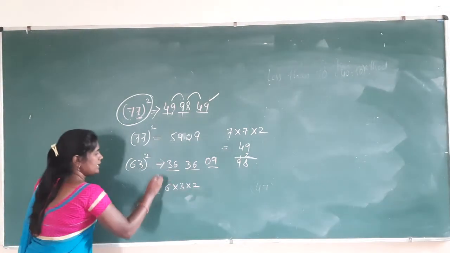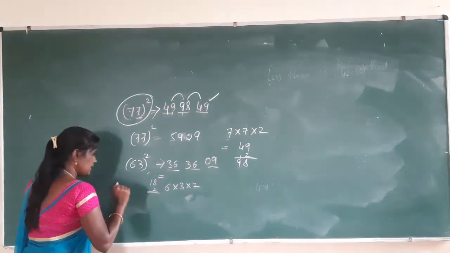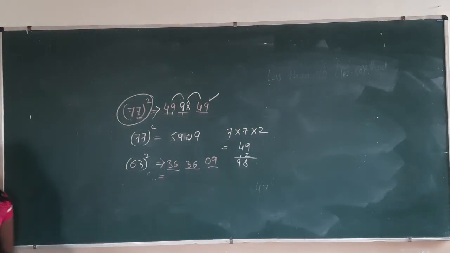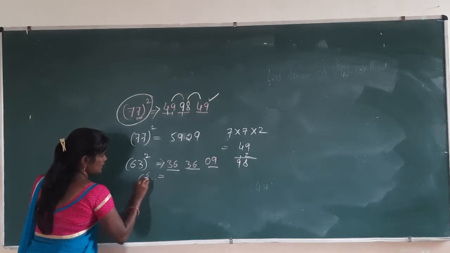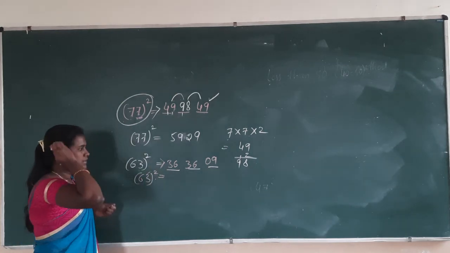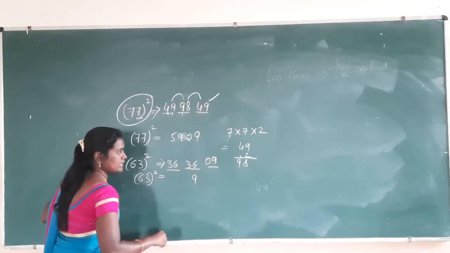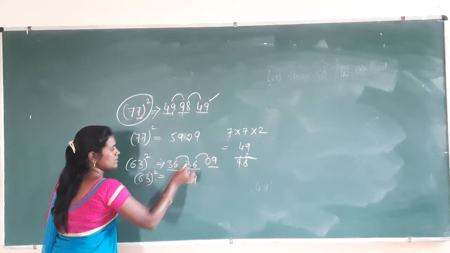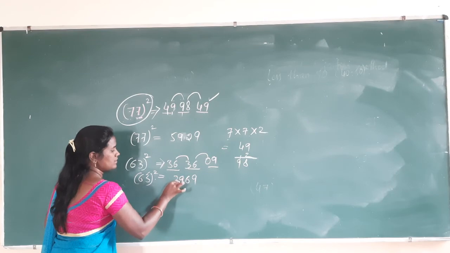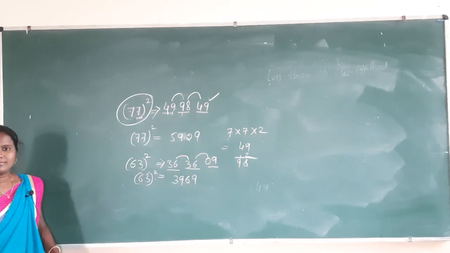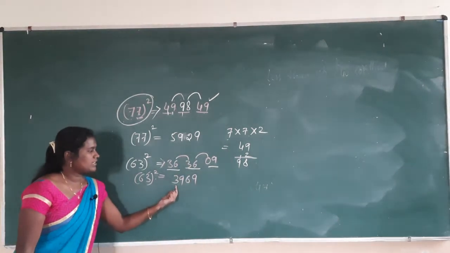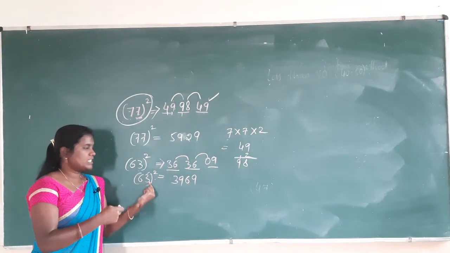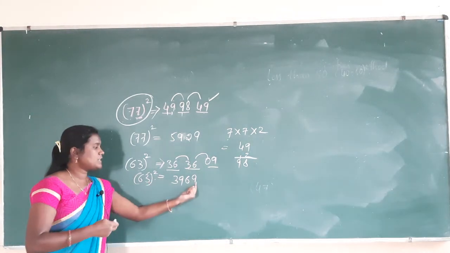What we have to take here is 6 into 3 into 2, just like 7 into 7 into 2. Multiply those, get the product. Then 63 square is equal to, see now, 9 as it is, 6 plus 0 is 6, 6, 3, 9, 3. So, 63 square is 3969, and we know that the number which ends with 3, its square ends with 9.